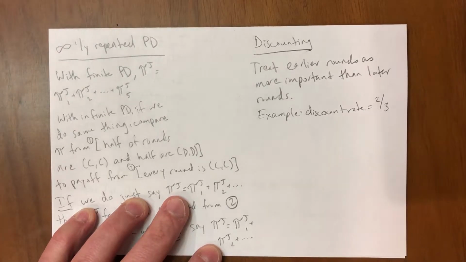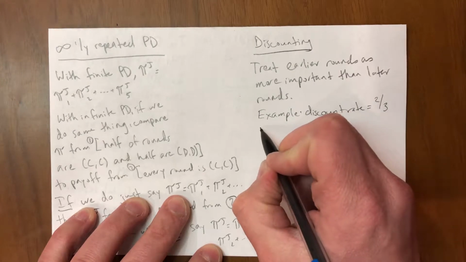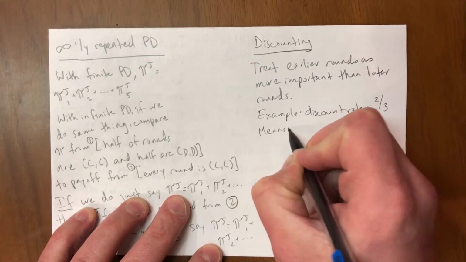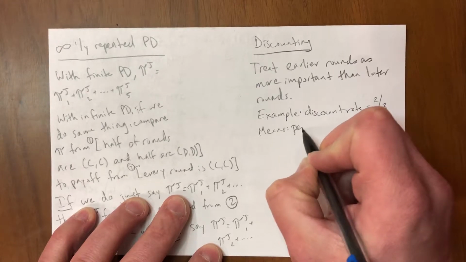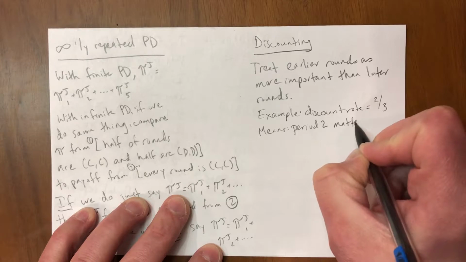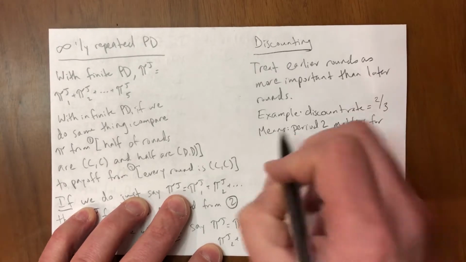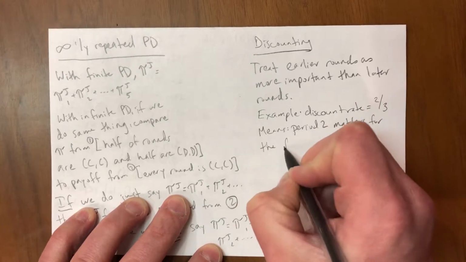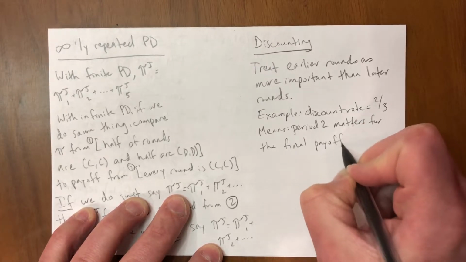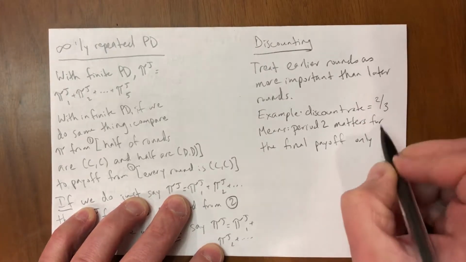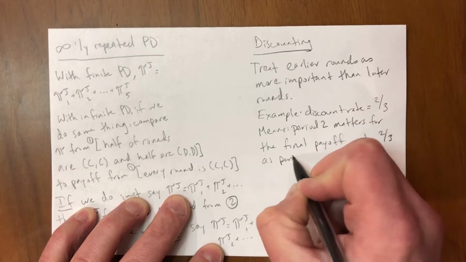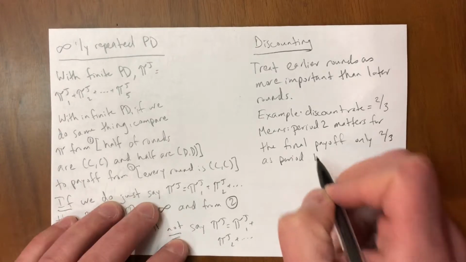So what that means is that period 2 matters for the final payoff only 2/3 as much as period 1.